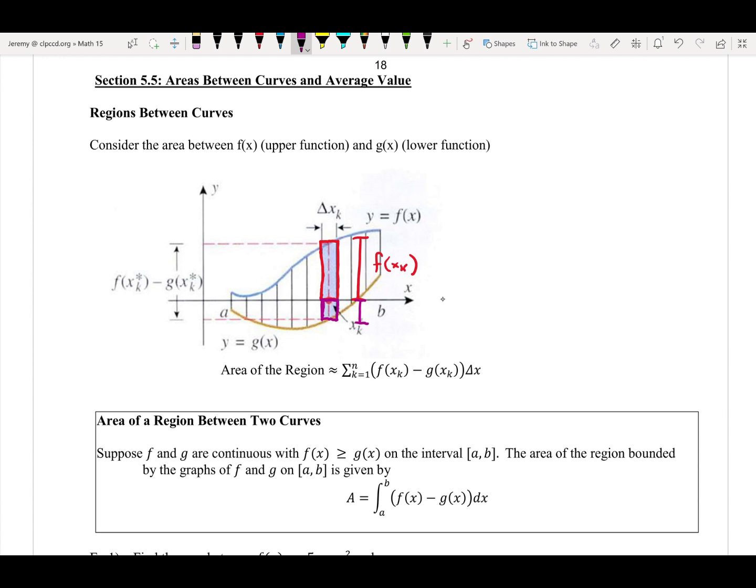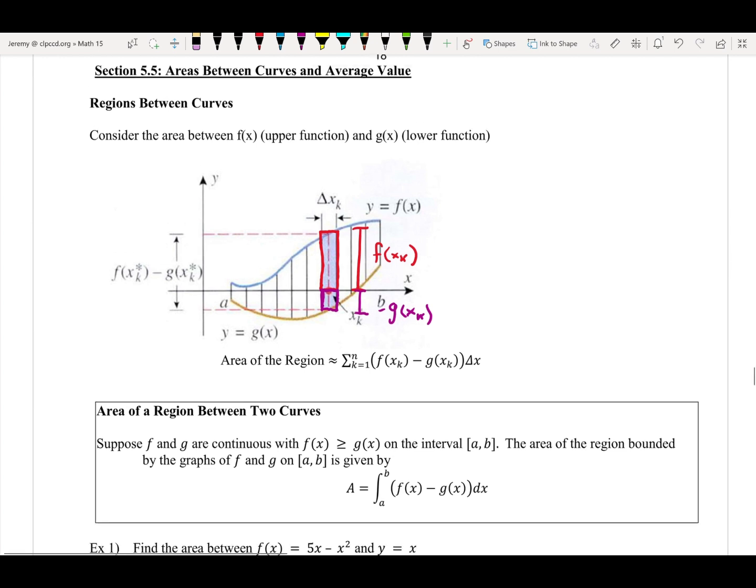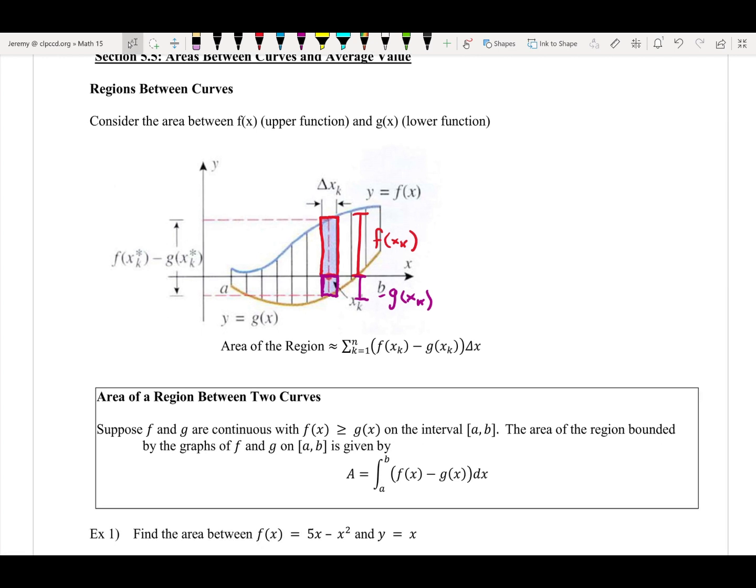If we wanted to add that distance to the height of that top rectangle, really we'd want to be subtracting minus g of x sub k. We're introducing a negative because this is below the x-axis, so we would get a negative value, but we want to turn that positive because we're trying to add and make greater the height of this entire rectangle. So we're actually taking a difference.